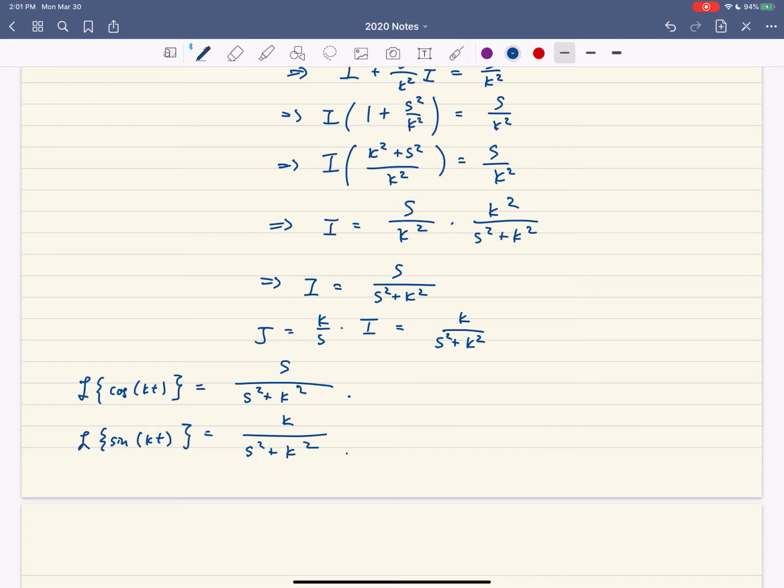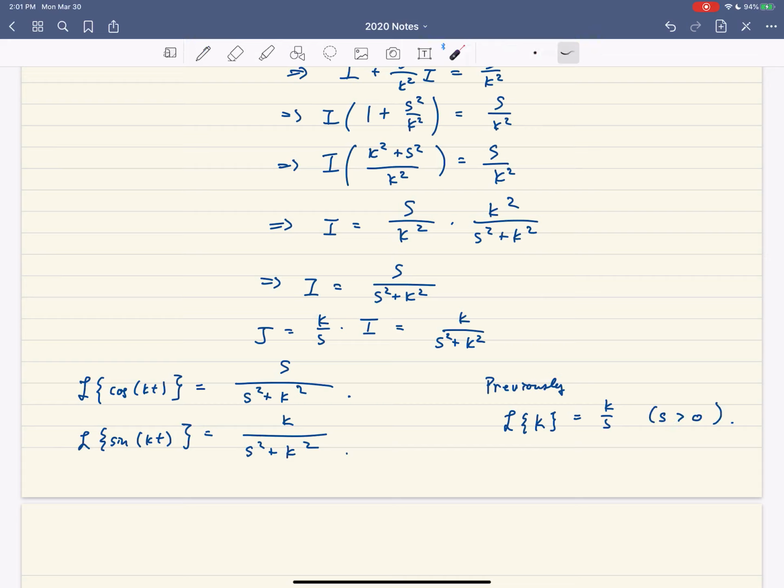Okay, but now we have two more functions for our list. So notice that now we have three functions total. We saw previously that if we take the Laplace transform of any constant, say k, this is going to be k over s, and that's valid if and only if s is positive.